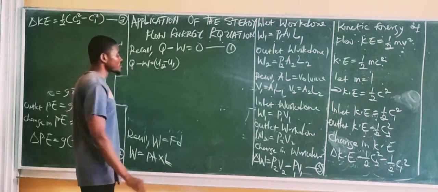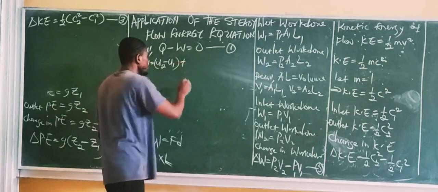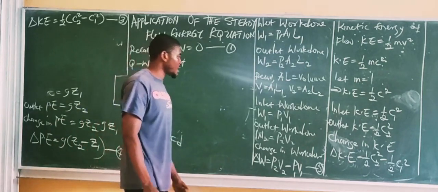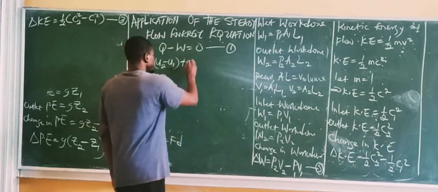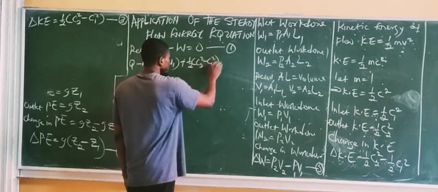That was the first energy we talked about. Plus the second energy, the kinetic energy, which gives us 1/2 (C2 squared minus C1 squared).